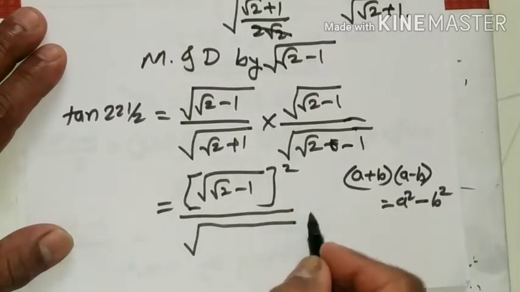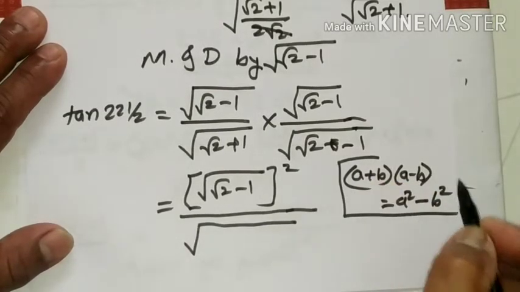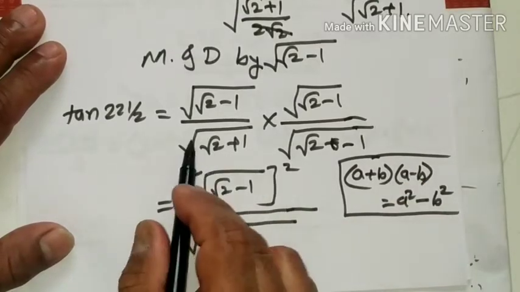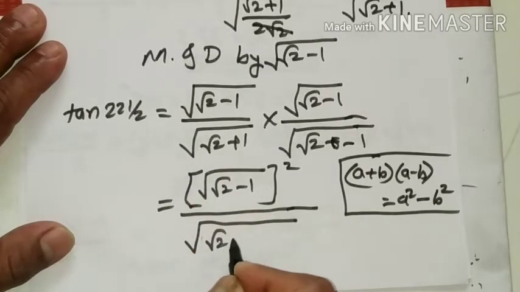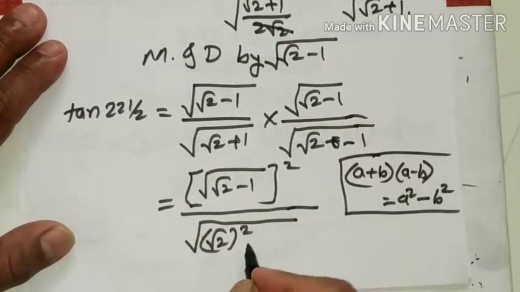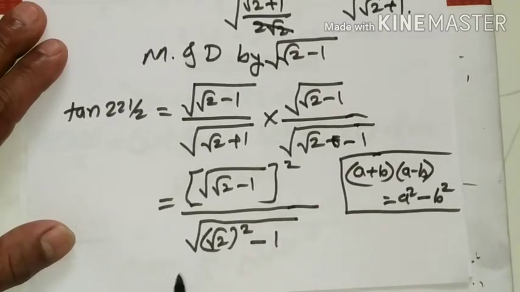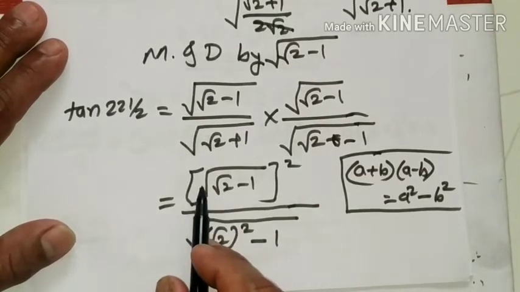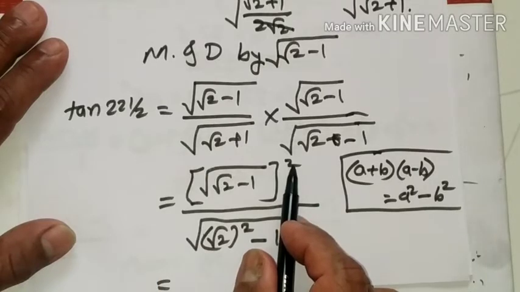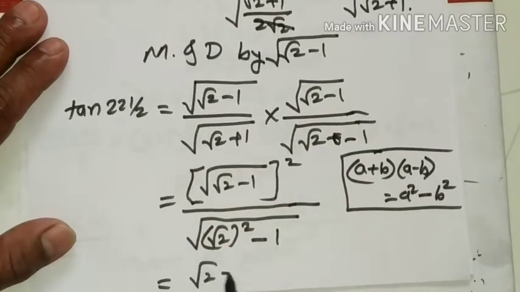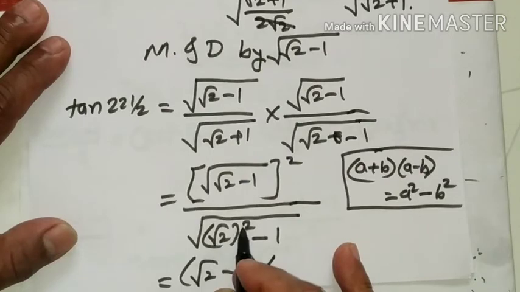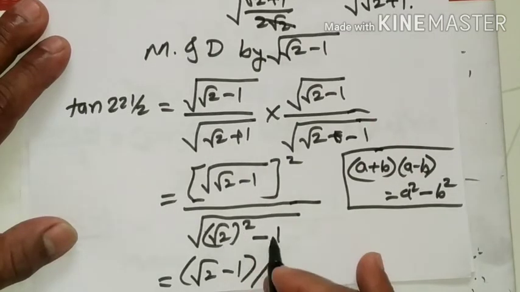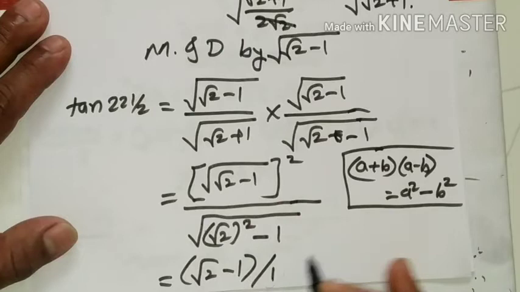Therefore root 2 square minus 1 square. Then the final result is root 2 minus 1 whole square divided by root 2 square is 2, 2 minus 1, 1, divided by 1.